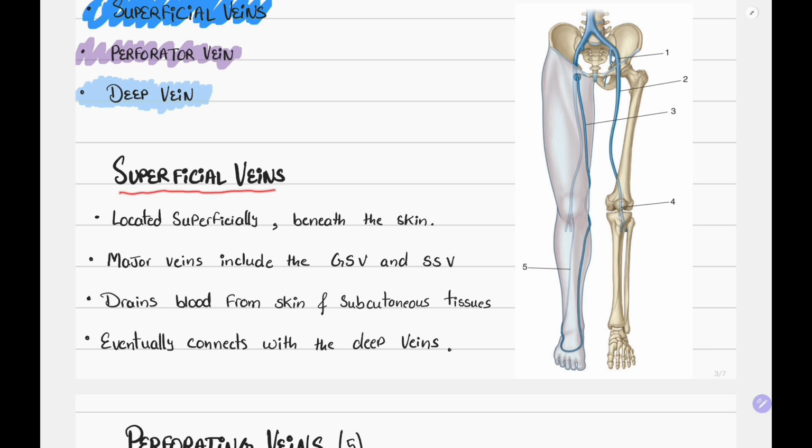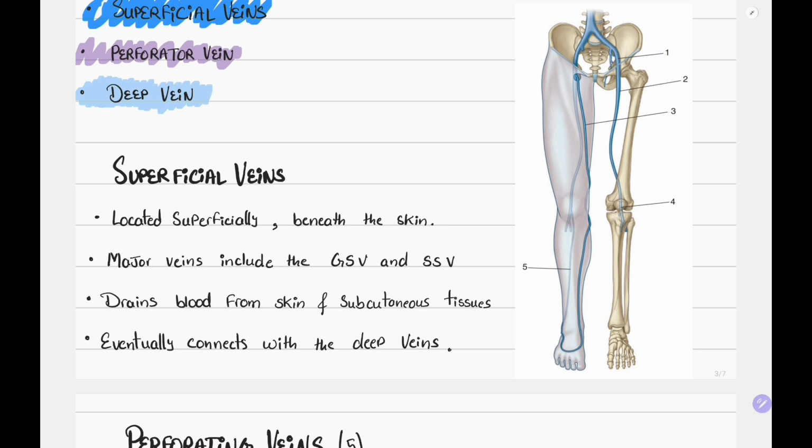Superficial veins. As the name suggests, the superficial veins are located superficially, just beneath the skin. The major superficial veins include the great saphenous vein and small saphenous vein. I'll show you the picture of this in a minute. Superficial veins drain blood from skin and subcutaneous tissue, and eventually superficial veins connect with the deep veins.